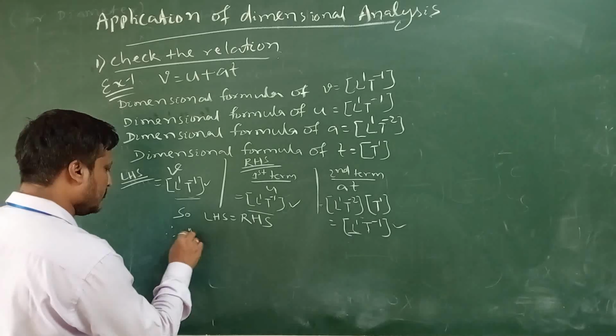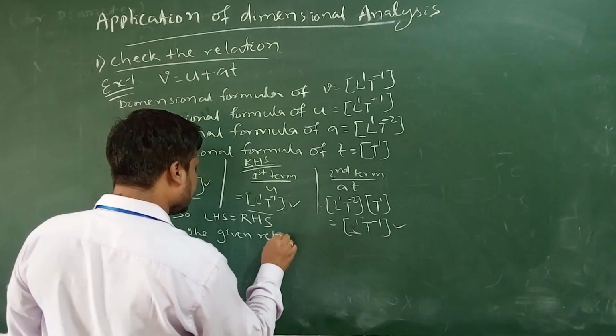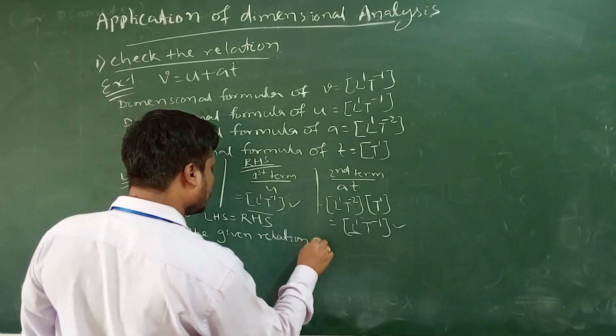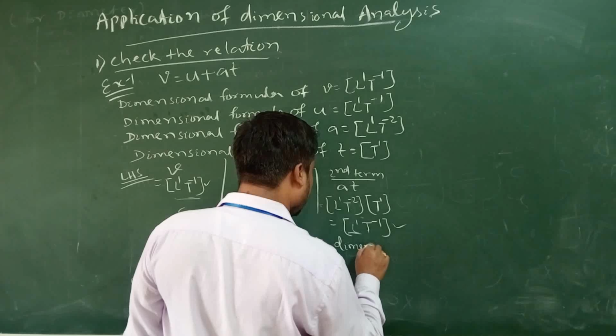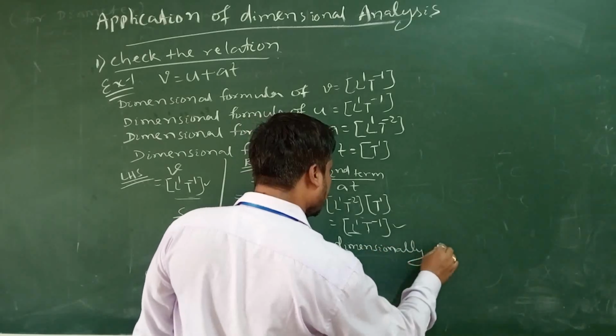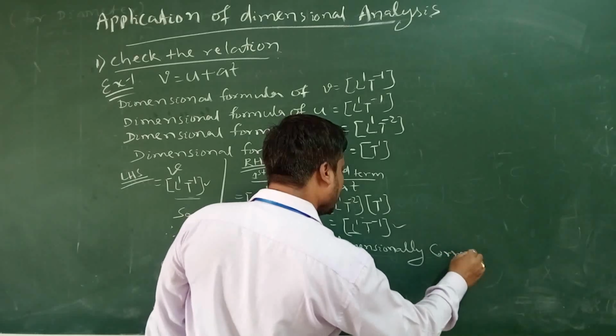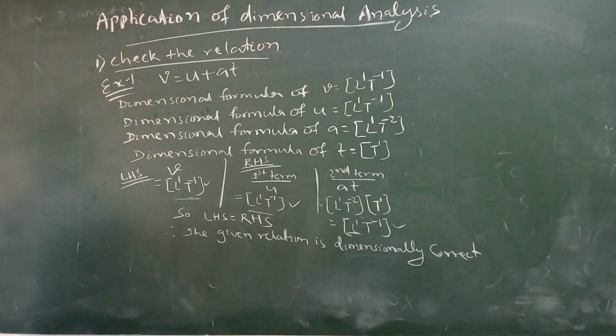Therefore, the given relation is dimensionally correct. This is the first example of check the relation.